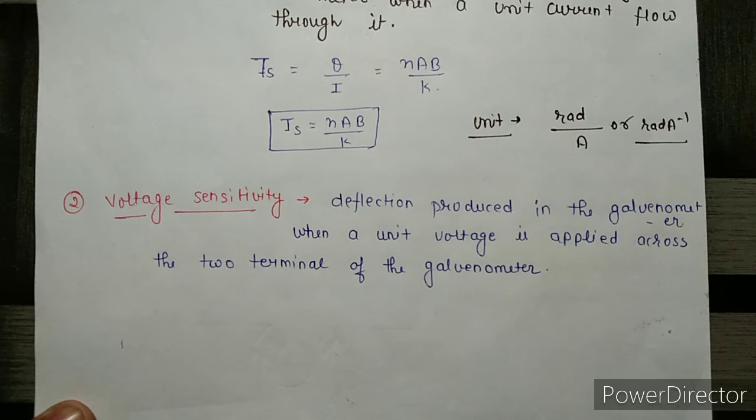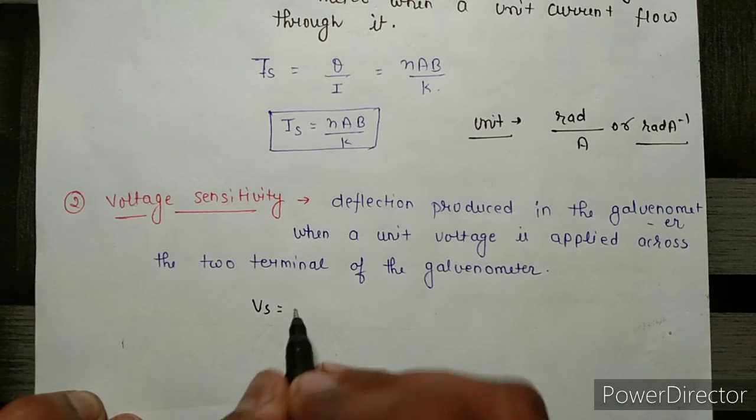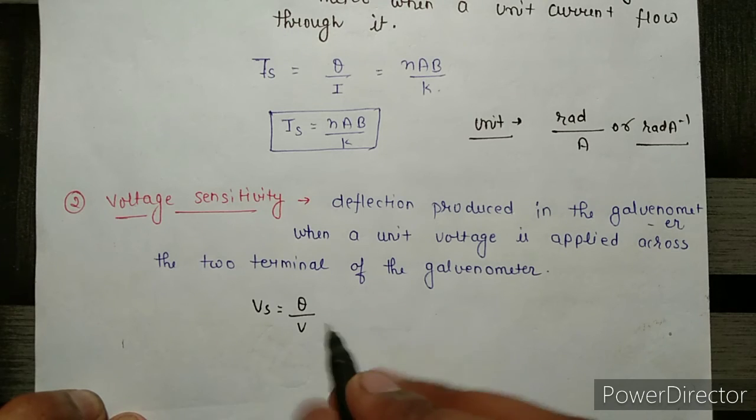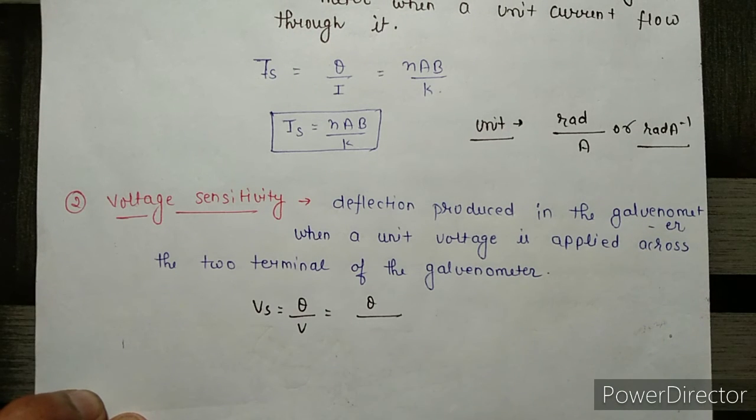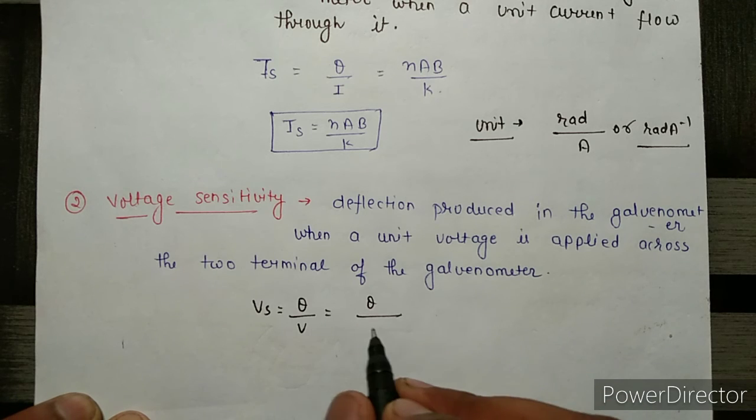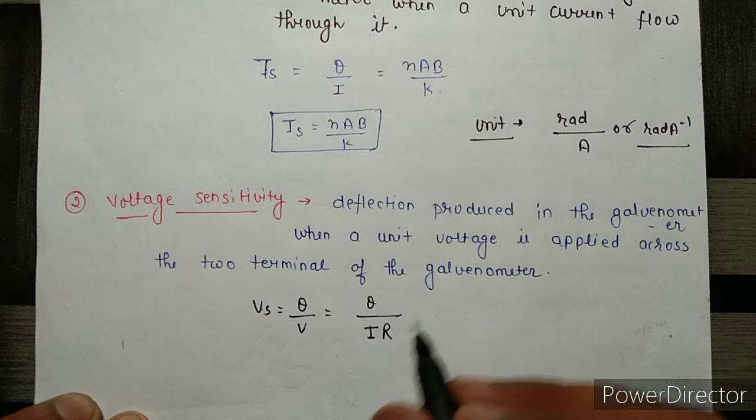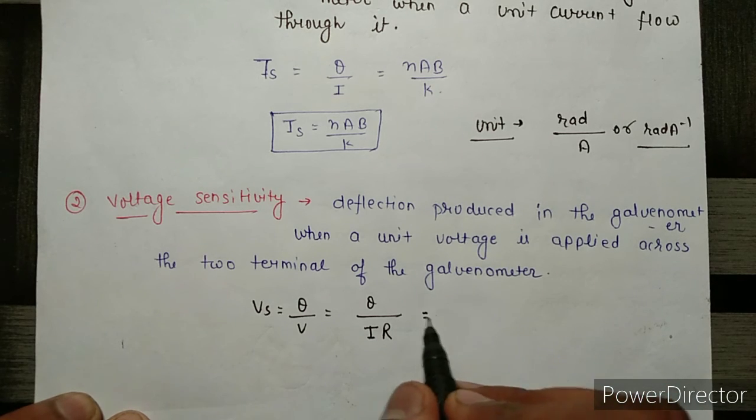Now the other sensitivity is called voltage sensitivity, and similarly voltage sensitivity of the galvanometer is defined as the deflection produced in the galvanometer when a unit voltage is applied across the terminals of the galvanometer. So Vs is defined as theta upon V, and if R is the resistance of that coil, we can say that V is equal to IR.